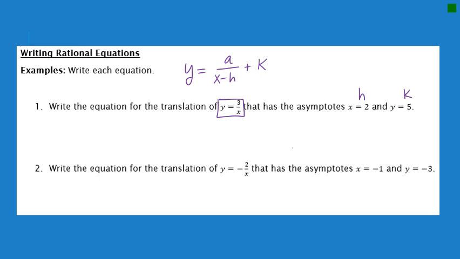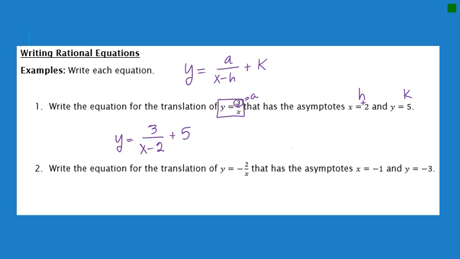So now all I'm going to do is plug this in. Now my a value from my original is 3, so I'm going to keep that the same. So it's going to be 3 over, and then I'm going to have x minus 2. Remember that you have to switch the sign, so since this is a +2, when you put it in the equation, it's going to be negative. And then plus 5, because your k value does not change signs.